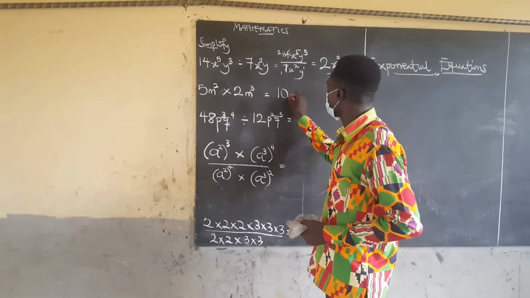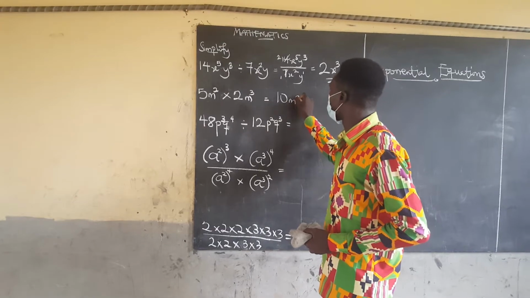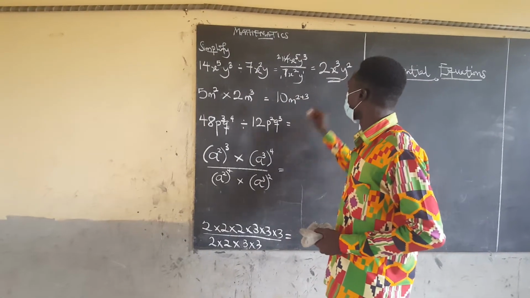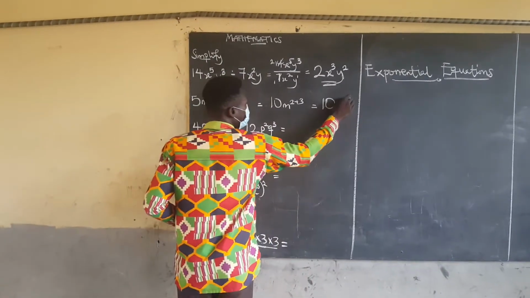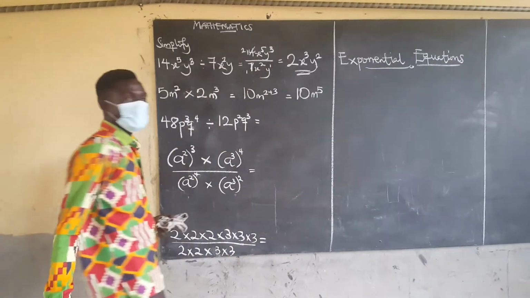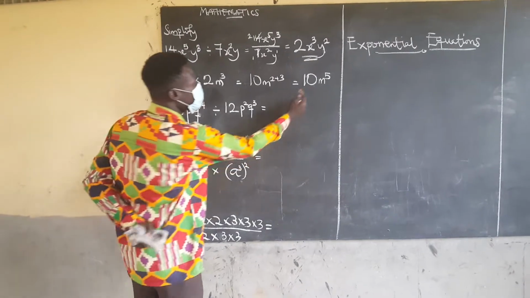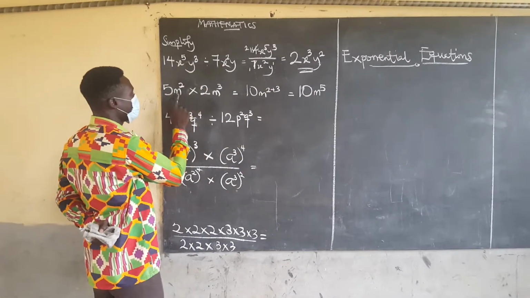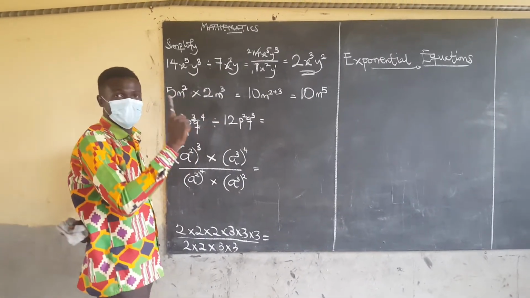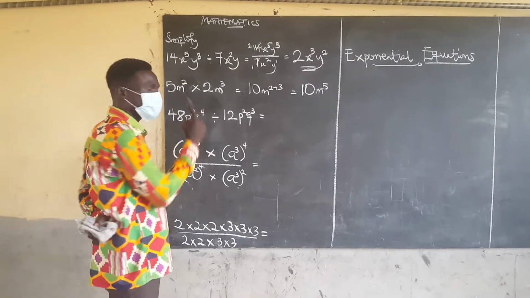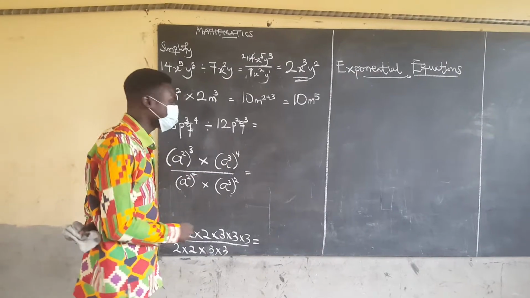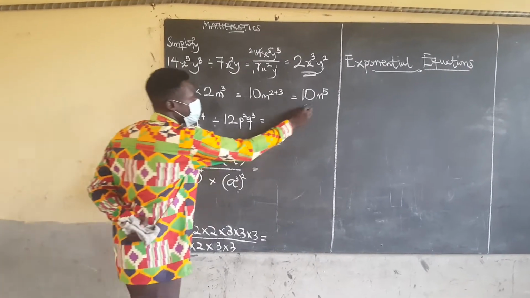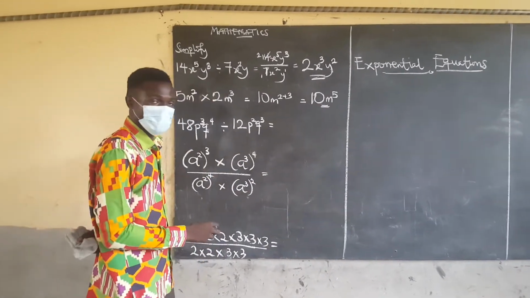So this will give me m raised to the power 2 plus 3, which is equal to 10 m raised to the power 5. Because we are multiplying, we have to apply the first law of indices. And the first law says that if you are multiplying and the bases are the same, add the powers. So this will be the answer for the second one.